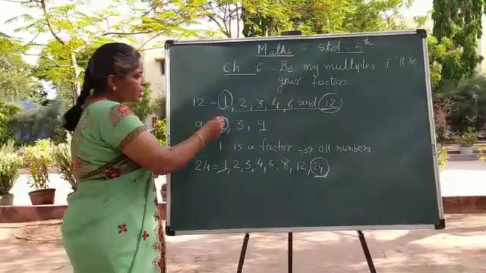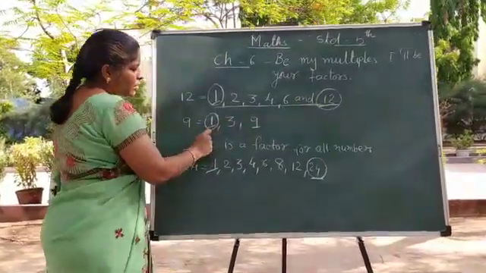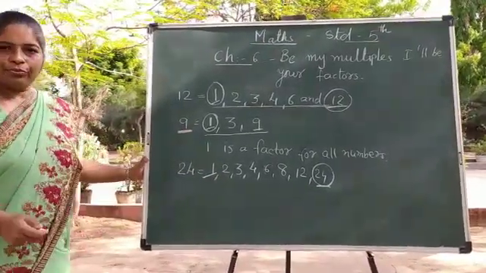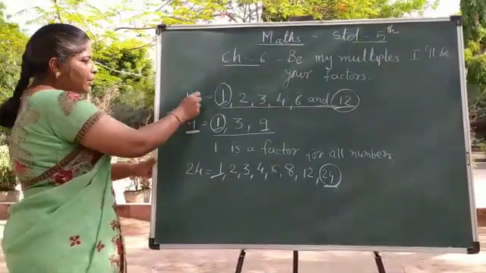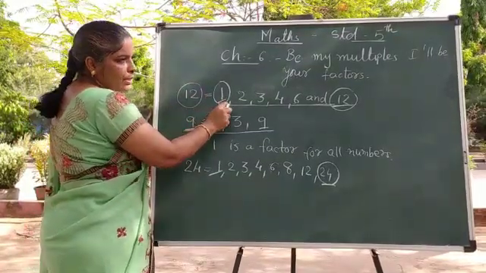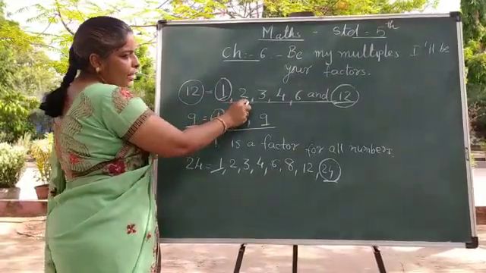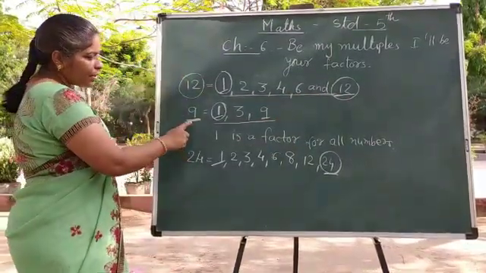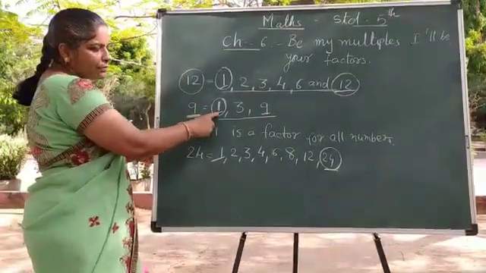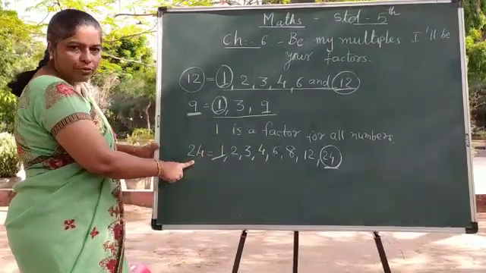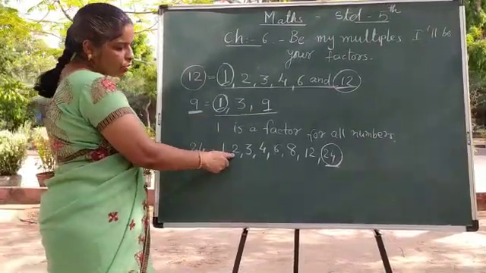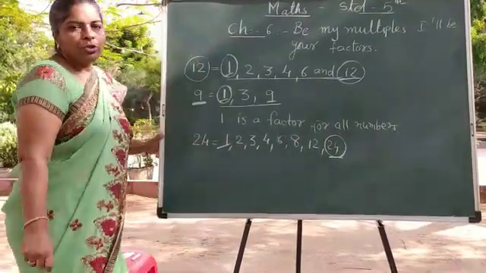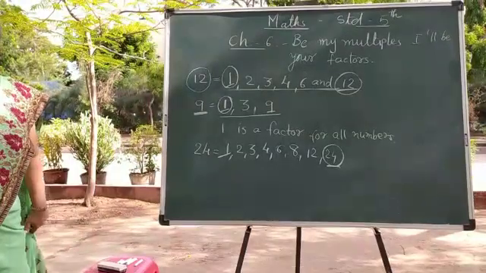Now these are the numbers which divide the number given in the question. For example, 12 is divisible by all its factors: by 1, 2, 3, 4, 6 and 12. Same here, 9 is also divisible by 1, 3 and 9. 24 is also divisible by 1, 2, 3, 4, 6, 8, 12 and 24. So these are the factors of the number.